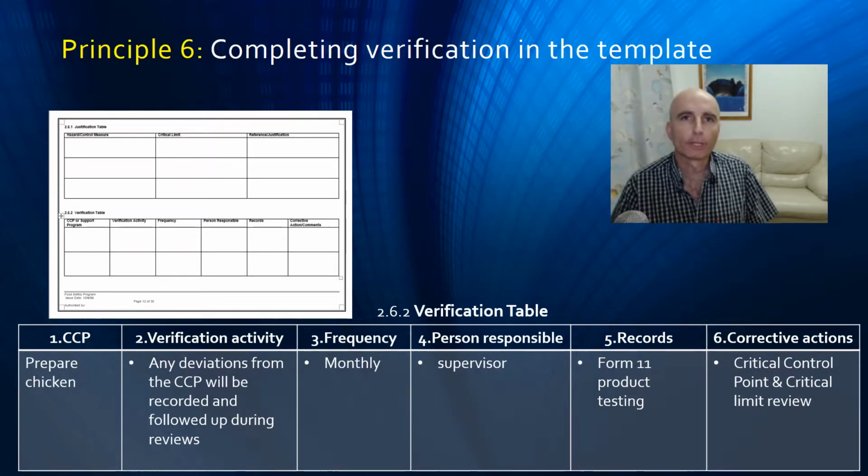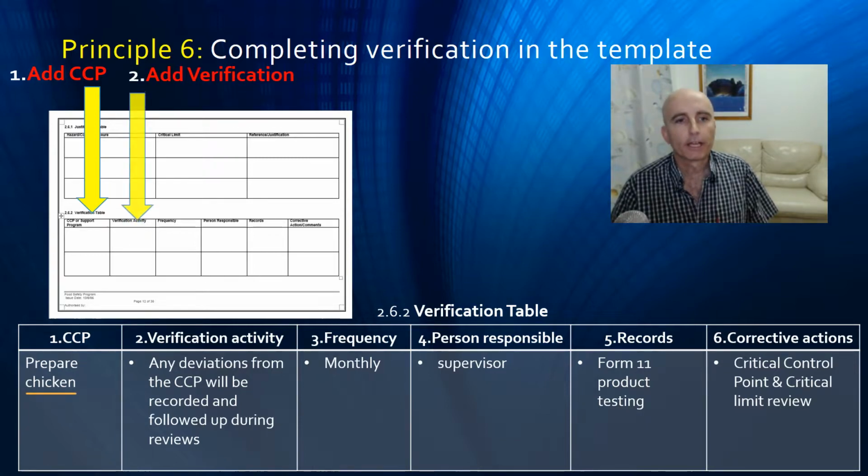We're still on the same page, we're just into the next table. So we're now looking at the 2.6.2 verification table, and in essence this is how we're going to monitor the process right at the end, and how, if there are any deviations, we're going to fix them. First of all, we add our CCP, which is prepared chicken from the last table, then add the verification, again straight from the last table.